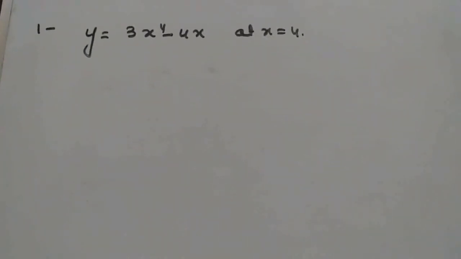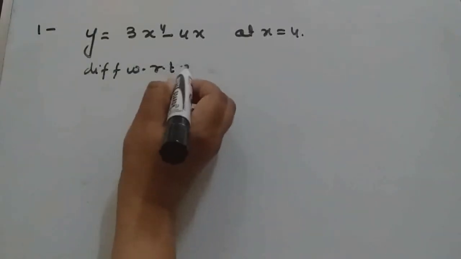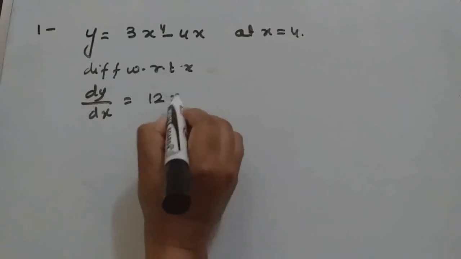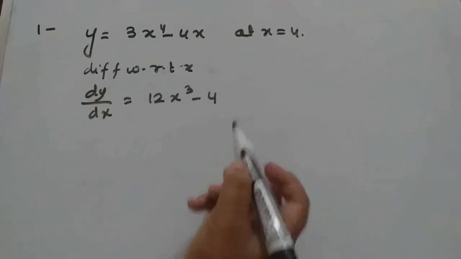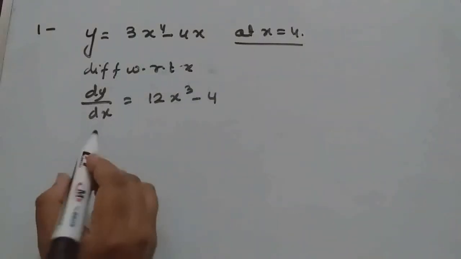Question is, find the slope of the tangent. Since we know the slope of the tangent is dy by dx, we will differentiate with respect to x. So dy by dx will be 12x cubed minus 4. But the slope of the tangent is asked at x equal to 4.